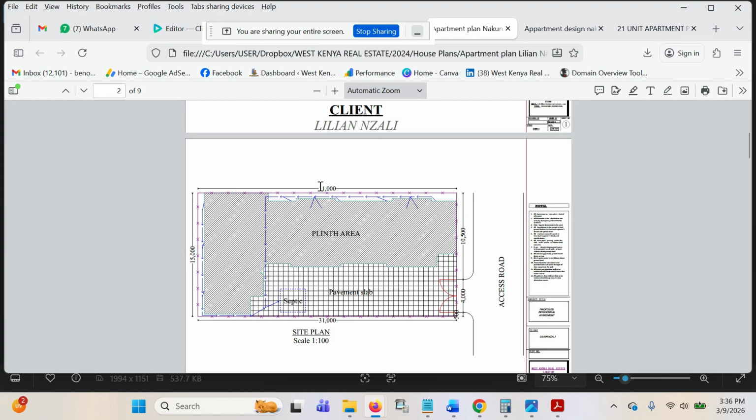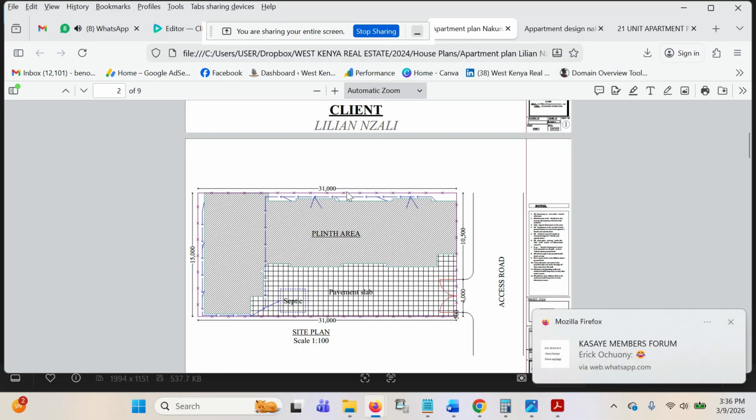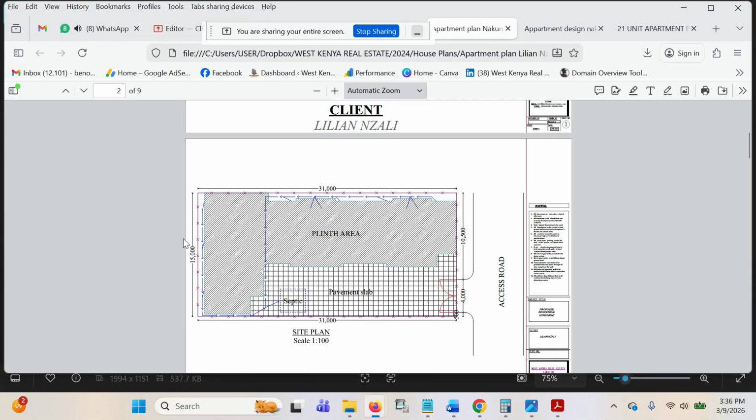But you can reduce this to 30 meters, this to 15 meters. As I told you, this is 15.28 meters. This is 30.48 for a typical 50 by 100.